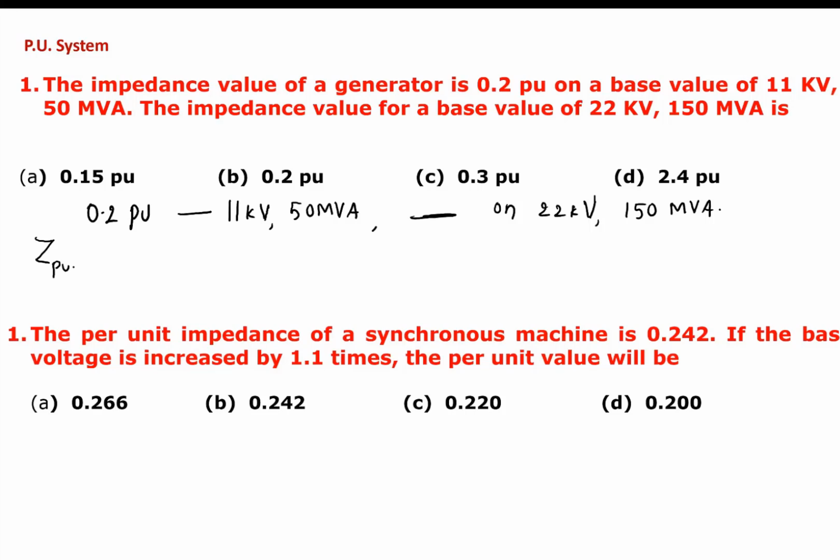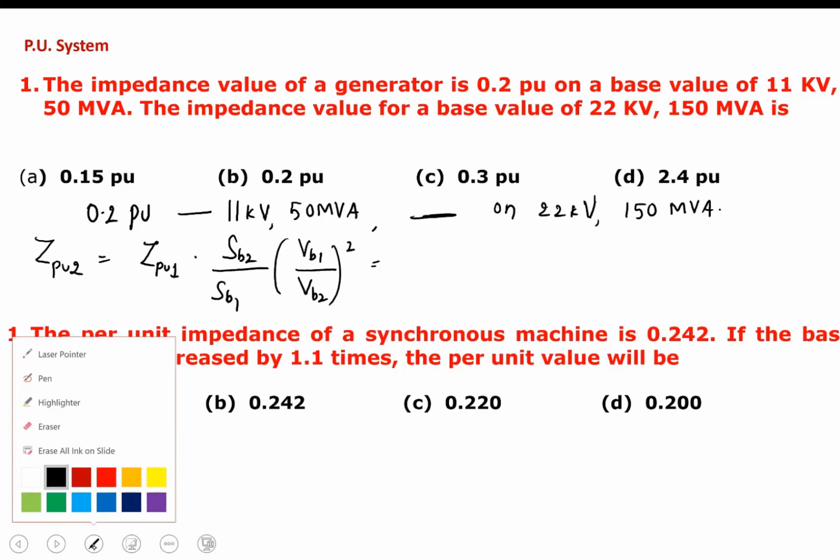Z per unit 2 is equal to Z per unit 1 into SB2 divided by SB1 into VB1 divided by VB2 whole square, where 2 means new, 1 means old.